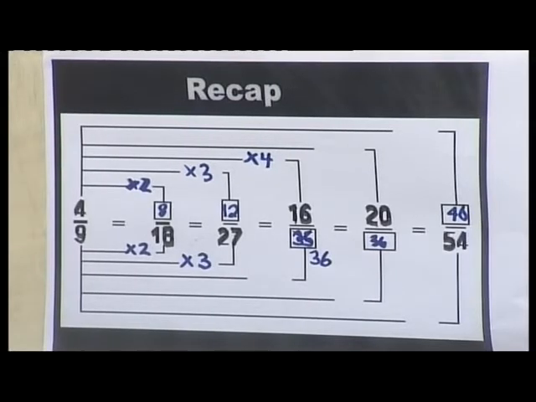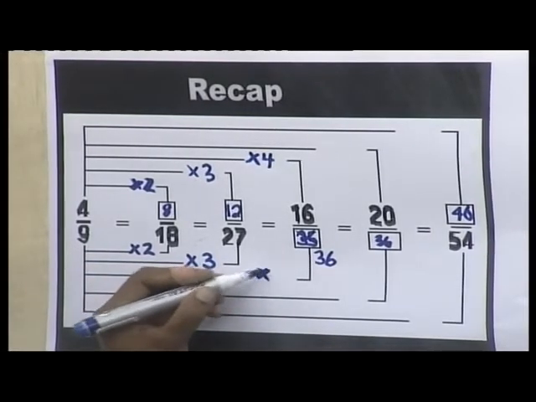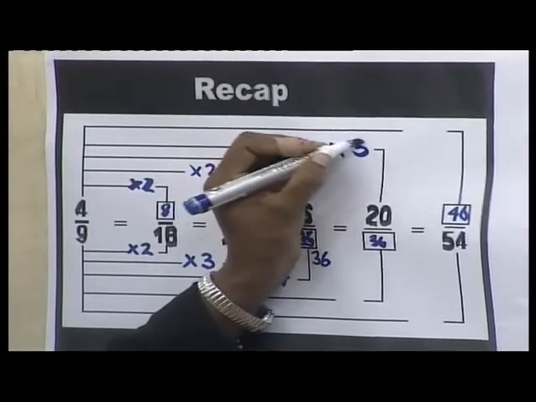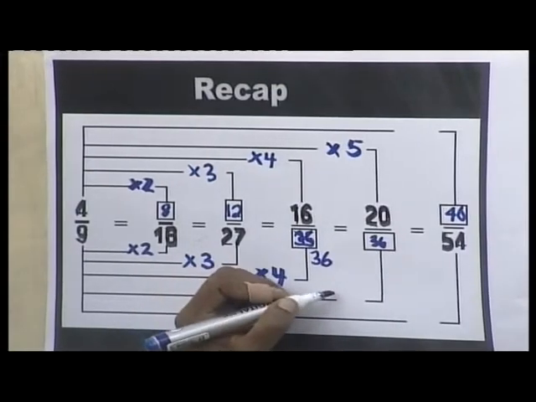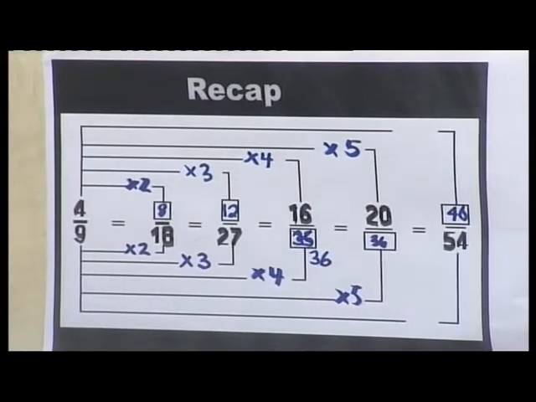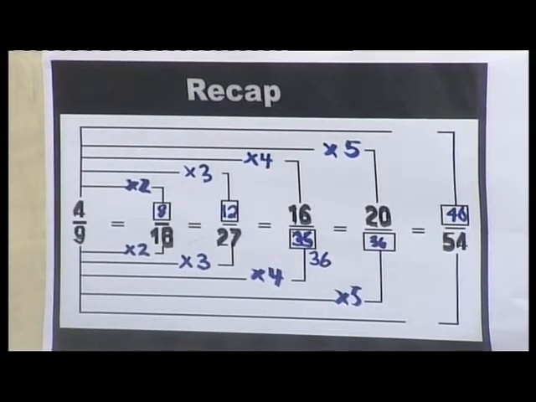Madhu? Times 5. 4 times 5 is equal to 20. 9 times 5 is equal to what? Sixes and receiving students, 9 times 5, is it equal to 36?